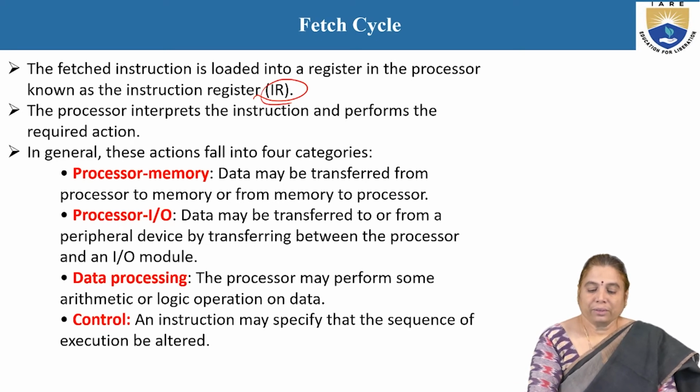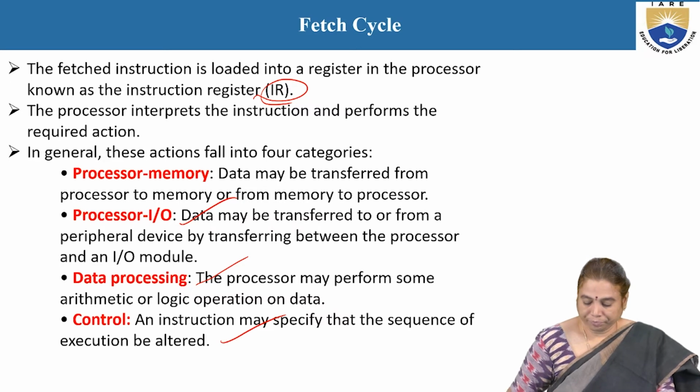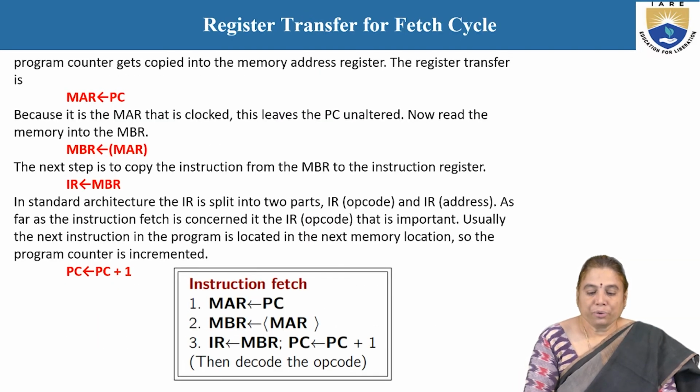In general, these actions fall into 4 categories. From processor to memory, data may be transferred. Processor to I/O. Data processing may perform some arithmetic and logical operations on data. Control instructions may specify that the sequence of execution can be altered. During the fetch cycle, what RTL operations are performed? The PC value is moved to the MAR register.